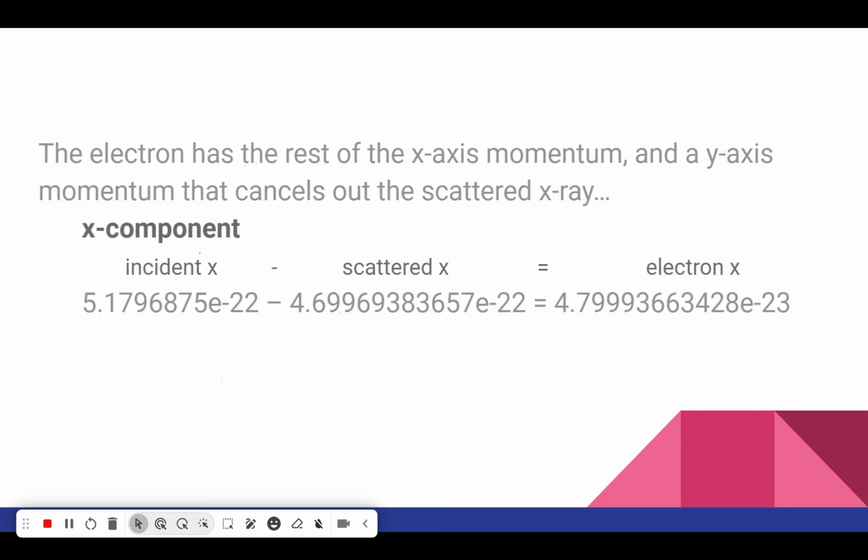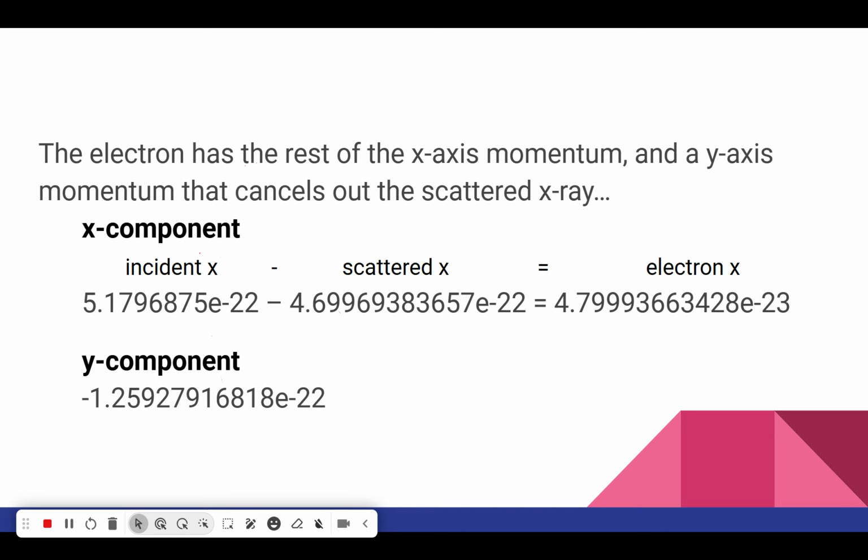So, if we're going to figure out our components for our electron, we have the incident X-ray that was coming in and was all x. We have the scattered X-ray x component. We subtract them. The leftover little bit must be the electron's x component.